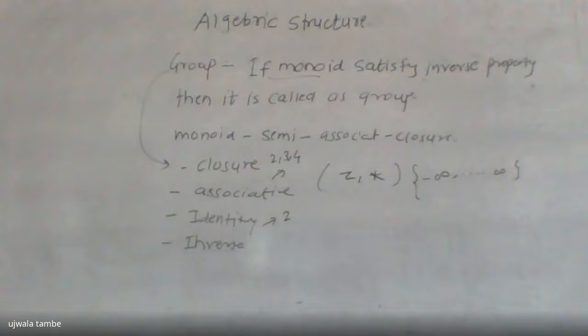Yes, Z comma multiplication. How? Whether the floating numbers are available in the set of Z.